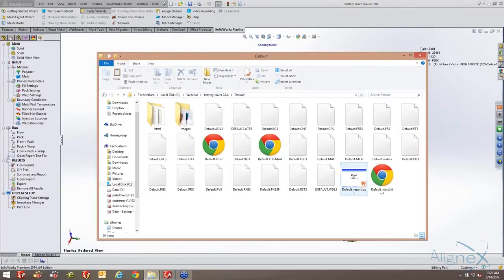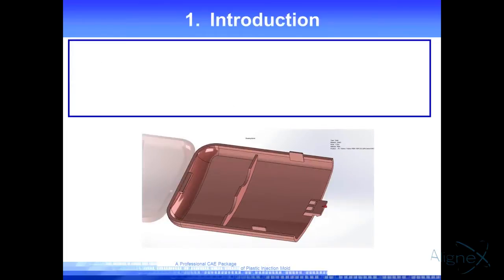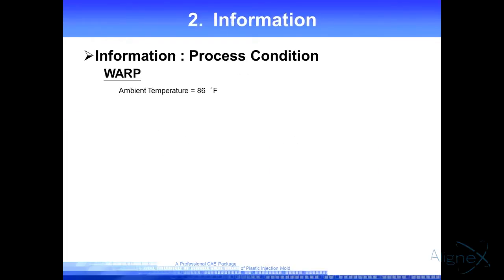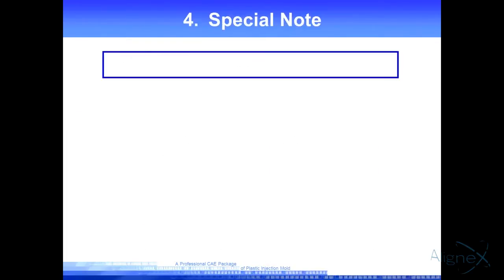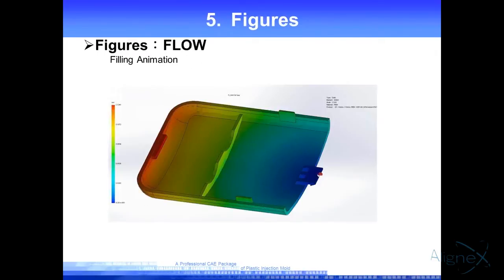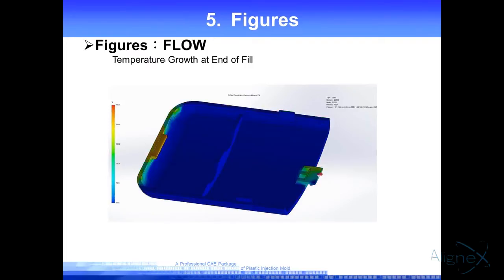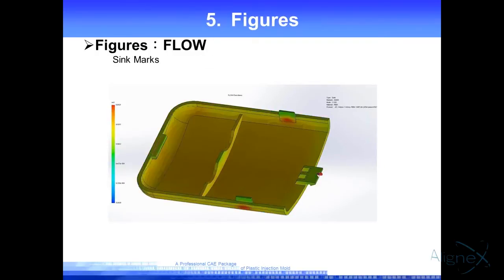Here's the PowerPoint, and we can bring that up and review it. And you can see all of the output that it gave automatically for us, all the different graphs, all the charts that we looked at, cross sections. Fill time, here's the actual animation, and all those different image sets that I just went through and showed you.